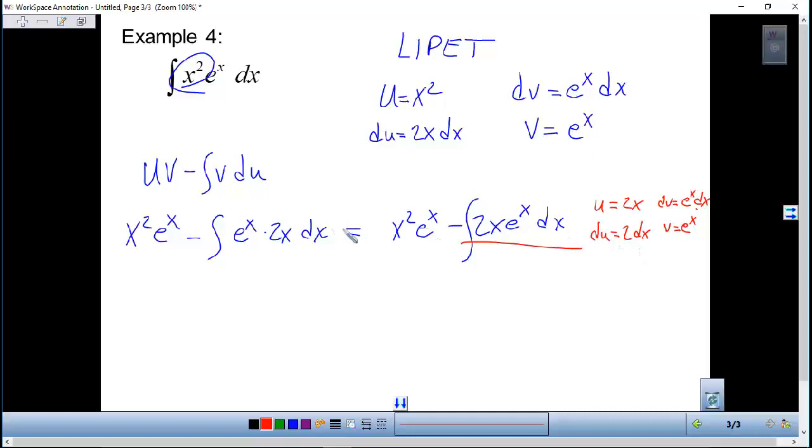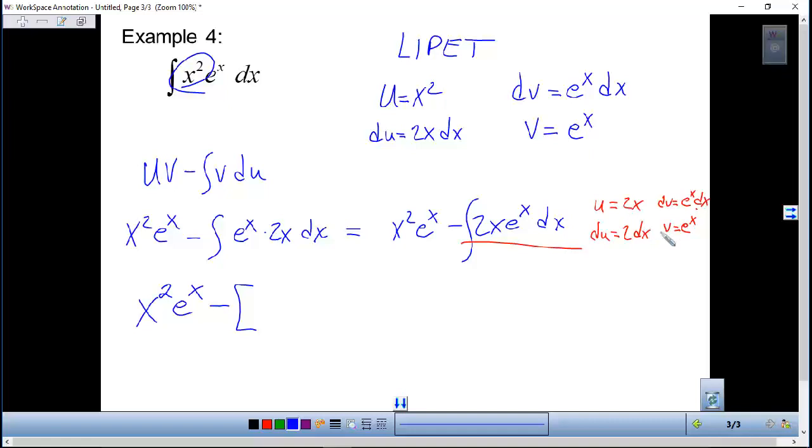And then we're going to write everything down again. I'm going to continue this in blue, but I'm going to write the red in what our integration by parts is. So this tags along. It's not part of what we're actually doing now, but it's still a part of the solution of the original problem, don't forget. So x squared e to the x minus, and then I'm going to put brackets, and this is what we're doing the integration by parts on.